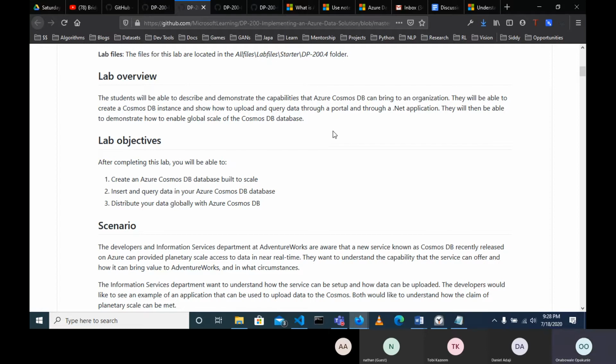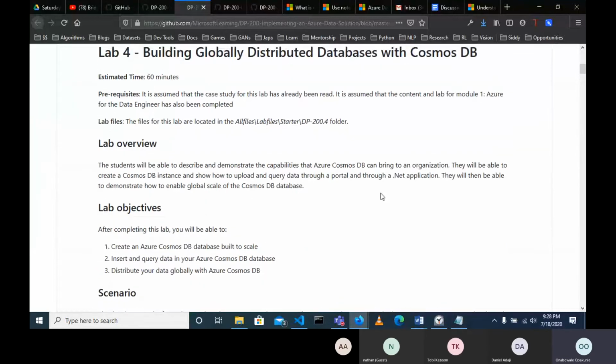Okay, so also describe what Azure Cosmos DB can do for an organization. Like I said just now, for an organization like, let's say, these AdventureWorks guys that we are working with now, that are renting bikes out to people.